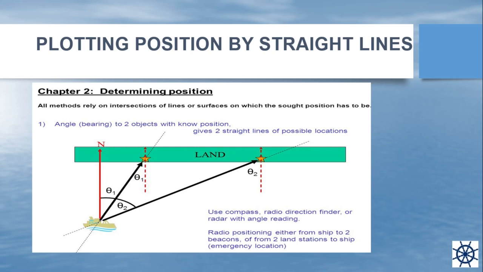You can use compass, radio direction finder, or radar range, or with an angle reading. Then radio positioning either from ship to two beacons or from two land stations to ship emergency location. So if you have two reference points, the intersection will be your fixed position.